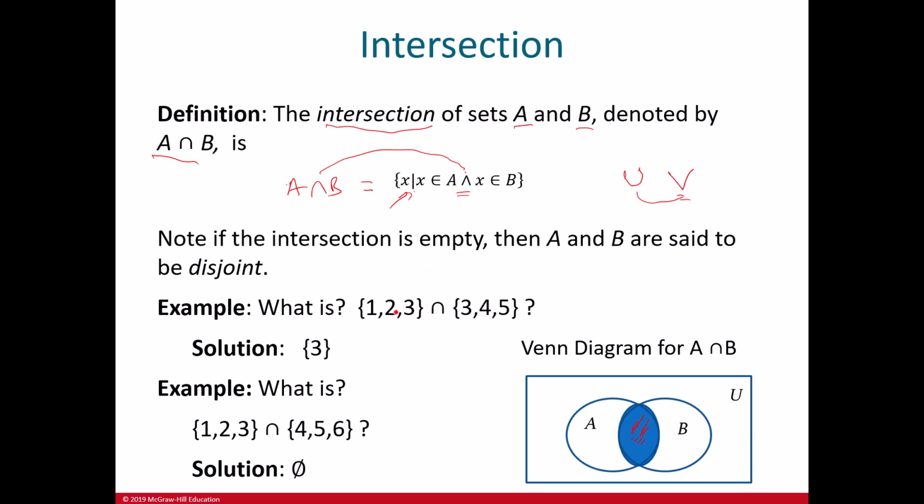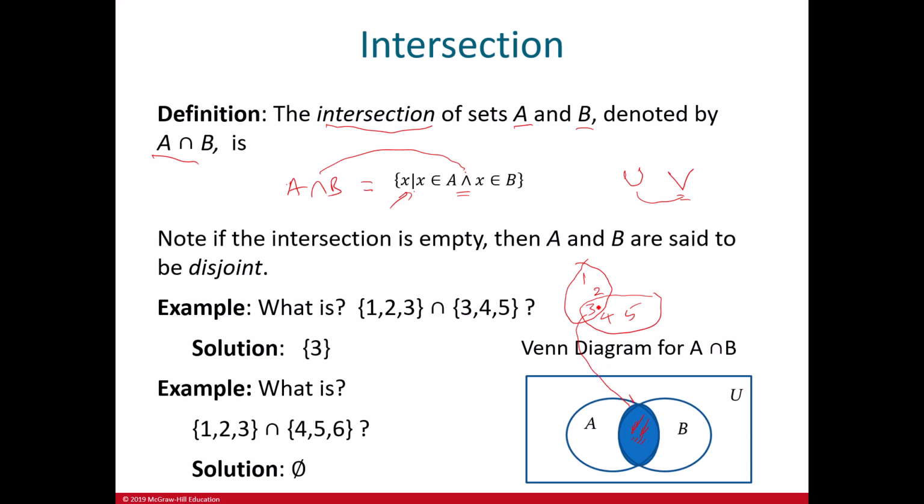So if I have a first set that has elements 1, 2, 3, and the other one has 3, 4, 5, then we are talking about the element that happens to be in both of them.